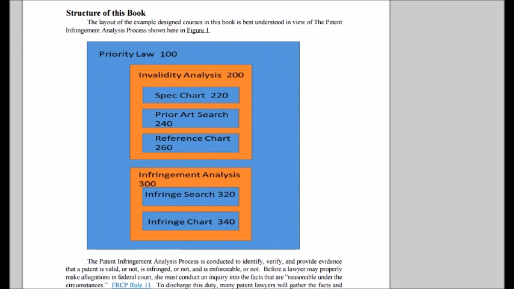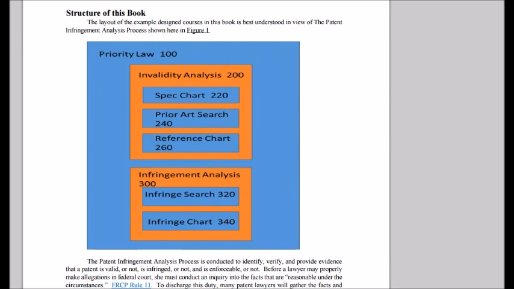As you can see here, the book itself has Priority Law 100, and then it has Invalidity Analysis 200, which has 3 parts to it, 2 of which are covered in the book: a spec map or spec chart 220, and then a reference chart where you map the prior references against the claim language.